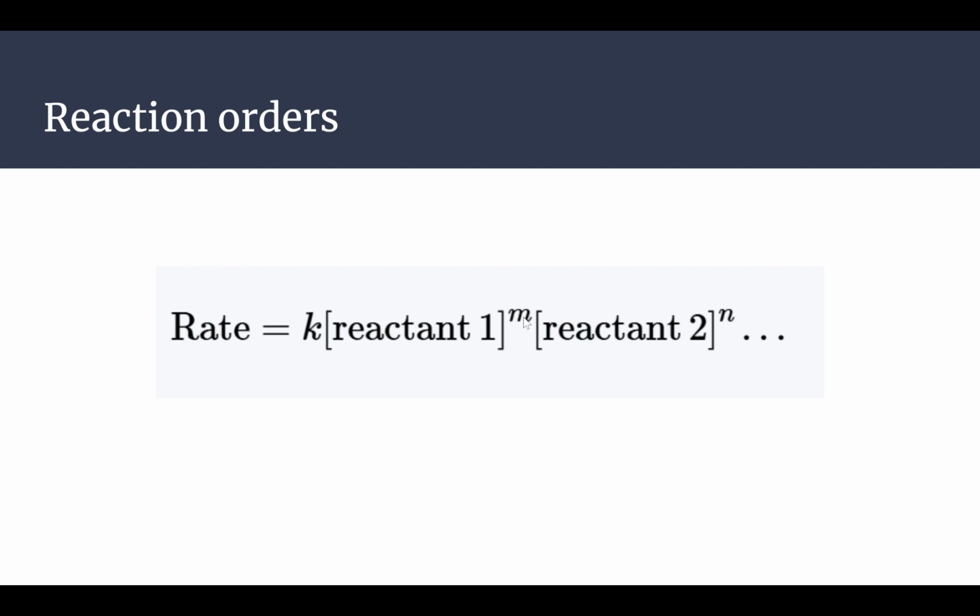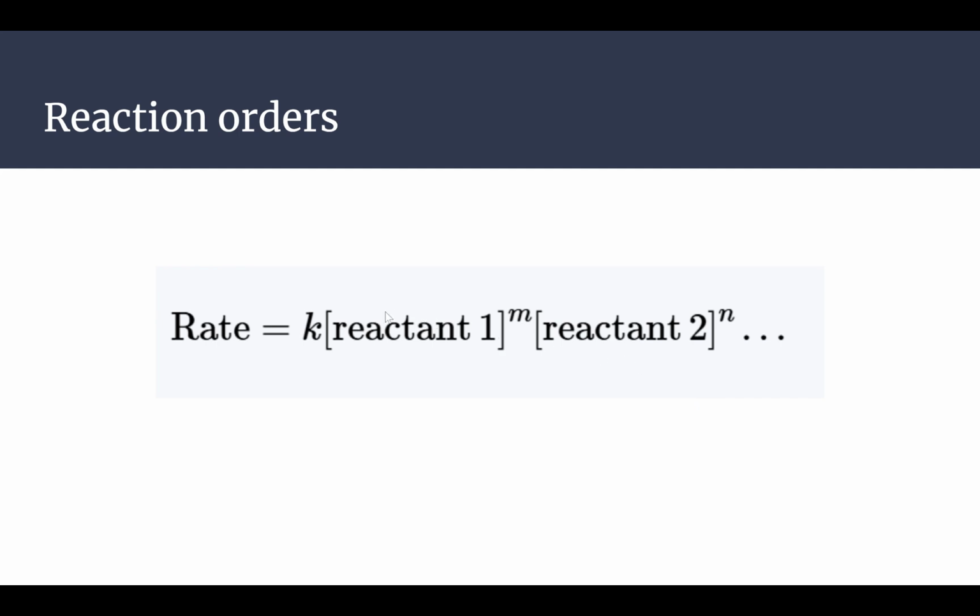So if your M value is 0, then your reactant 1 does not affect your rate at all. But if your M is 2, then the rate is squared by your concentration. So that means it affects the rate a lot more.